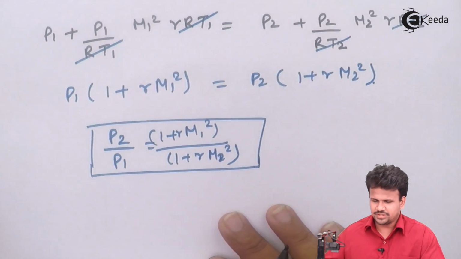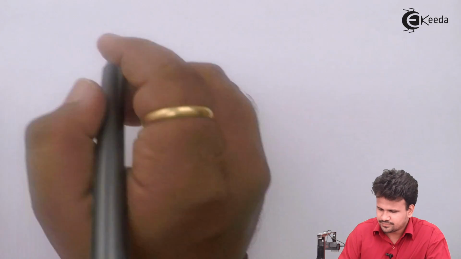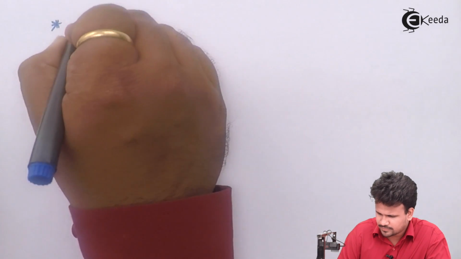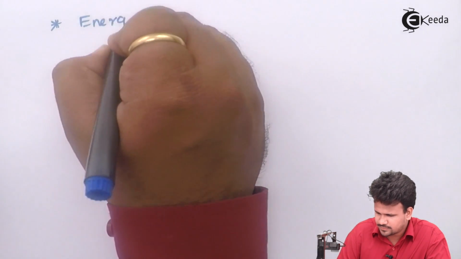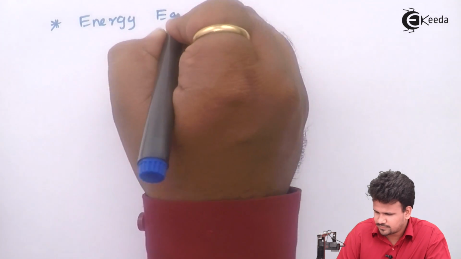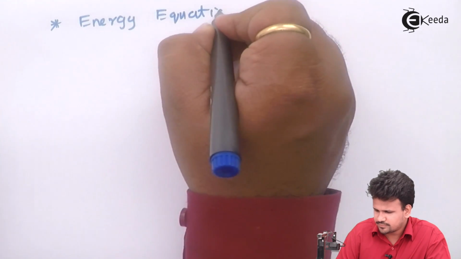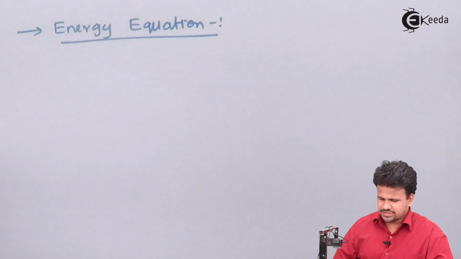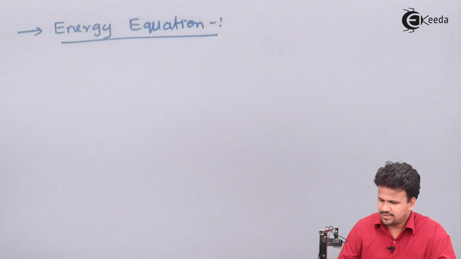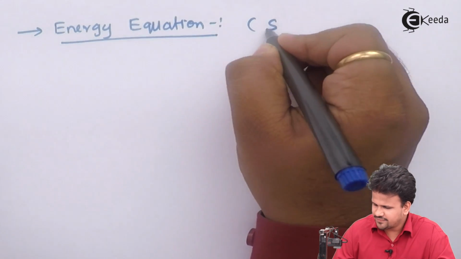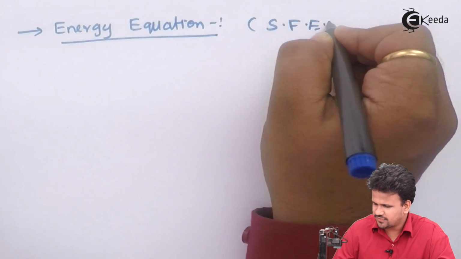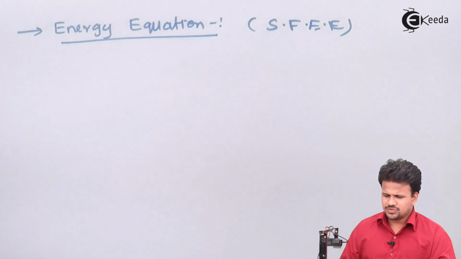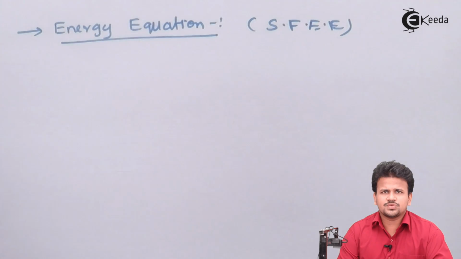So for variation in temperature, we'll use the energy equation. Let us apply the energy equation. Now we know that it is the steady flow energy equation from applied thermodynamics. Here we'll not consider all the terms, we'll only consider the few terms which will be necessary.